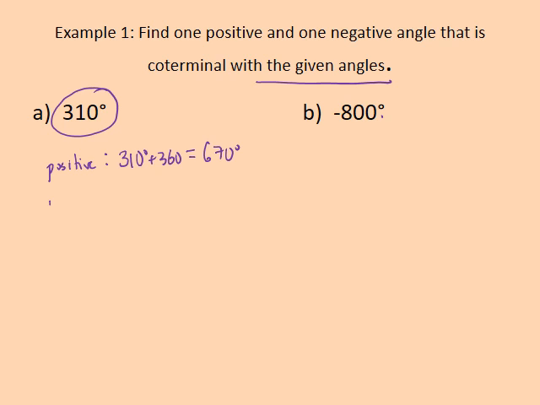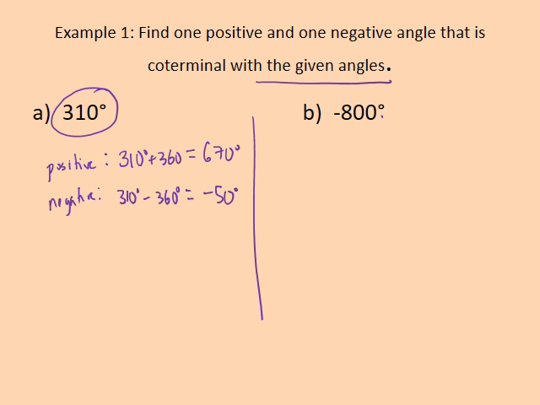To find a negative coterminal angle, we start with 310 degrees again, and we subtract 360 degrees, which is negative 50 degrees. Now there are more negative and positive coterminal angles, but these are the most useful for purposes that we will do later.